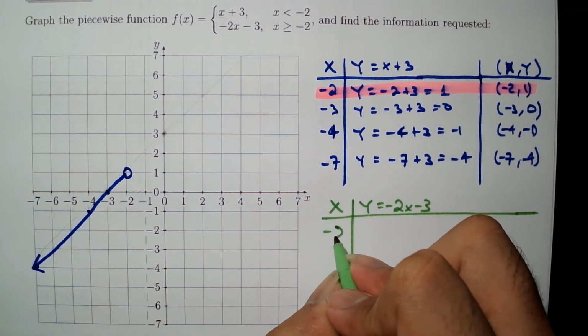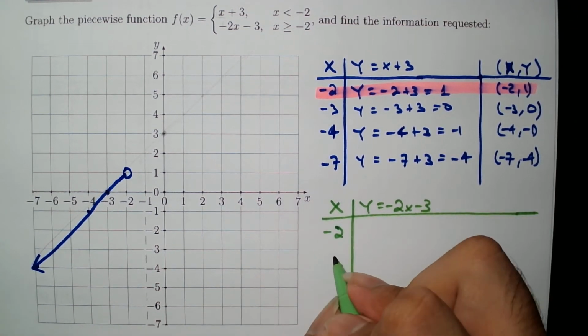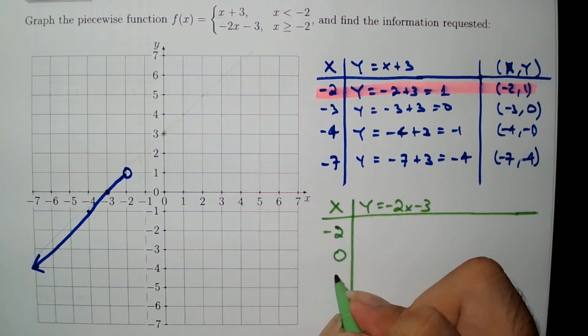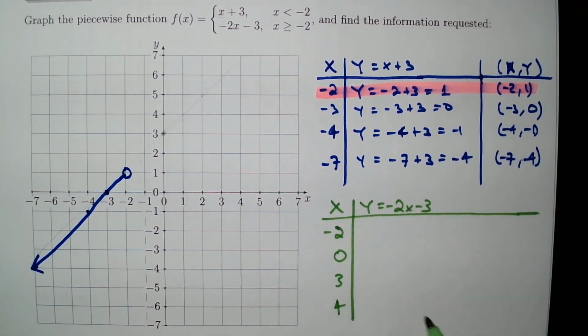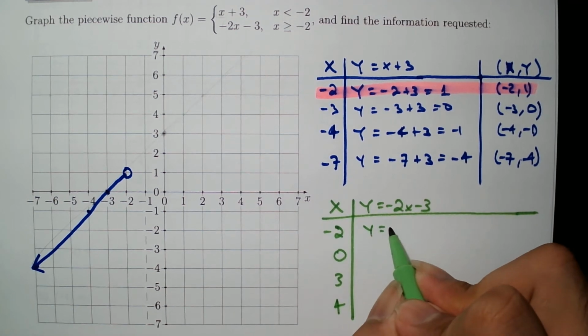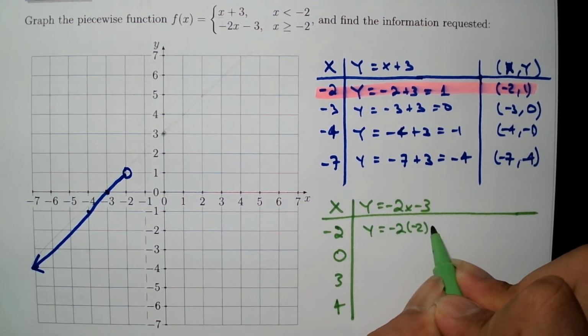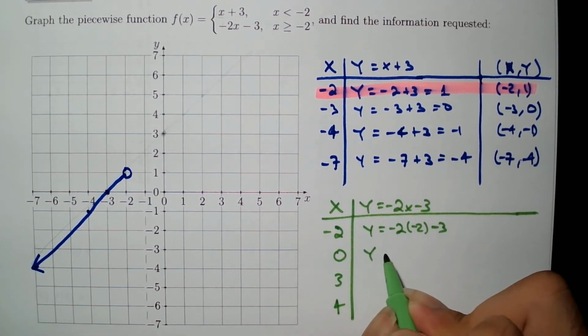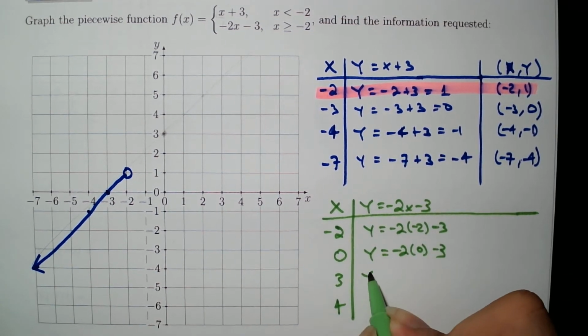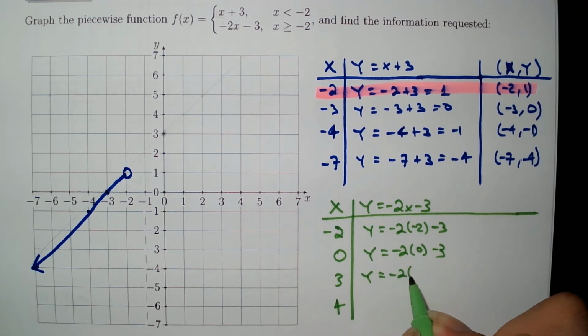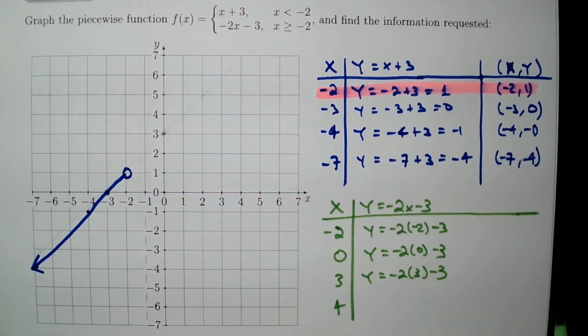So -2. Well, I guess I'm going to skip a few: 0, and maybe 3, and then maybe 4. So y will be -2 times -2 minus 3. y equals -2 times 0 minus 3. -2 times 3 minus 3.